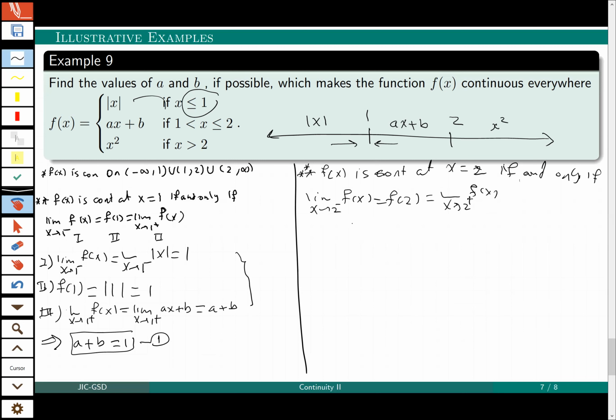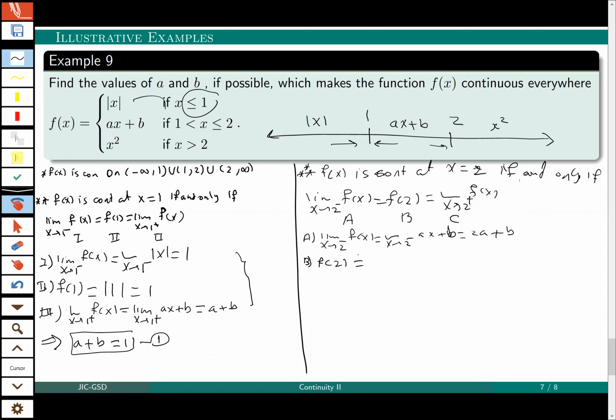So again, I have three conditions, A, B, C. I need to calculate A, the limit when x goes to 2 from the left. Our function from the left is ax plus b, which is 2a plus b. Second, we need f at 2.